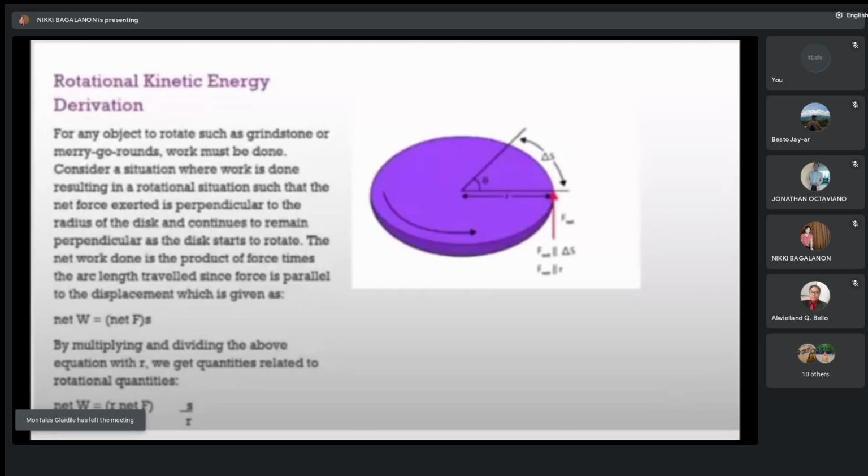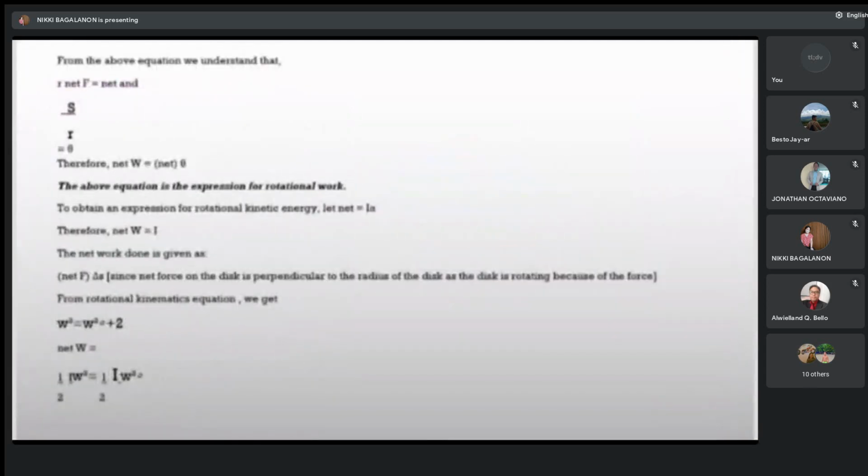The net work done is the product of force times the arc length traveled, since force is parallel to the displacement, which is given as net work equals net force times s. By multiplying and dividing the above equation by the radius, we get quantities related to rotational quantities, which is net work equals r times net force times s over r.